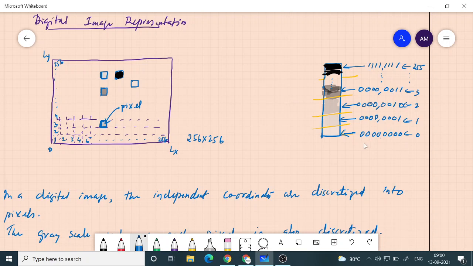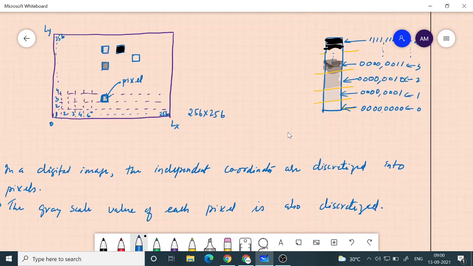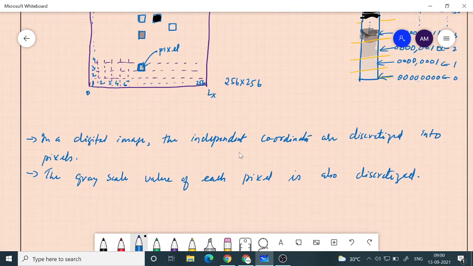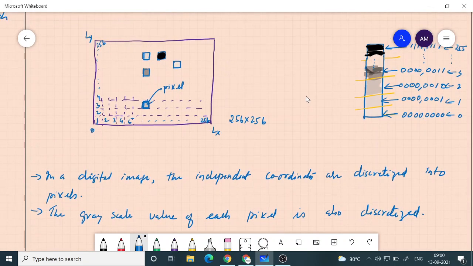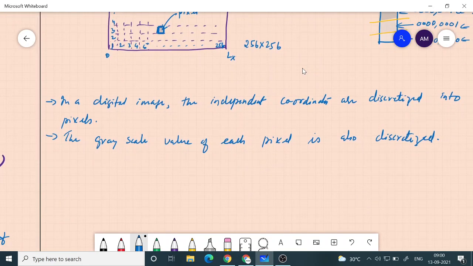If there are 256 levels of gray, you can choose out of those, and that is a good enough picture. Therefore, the size of the image: in the above case, what is the size of the image? The size of the image is 256 by 256 into 256.